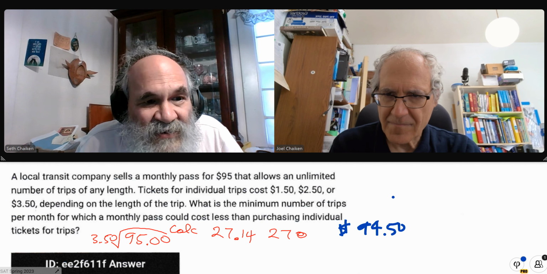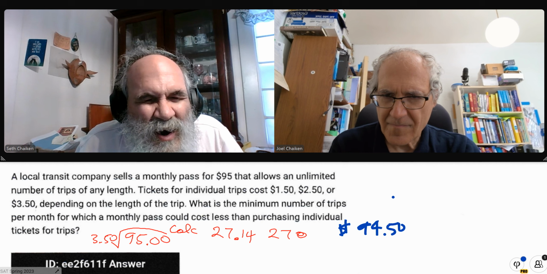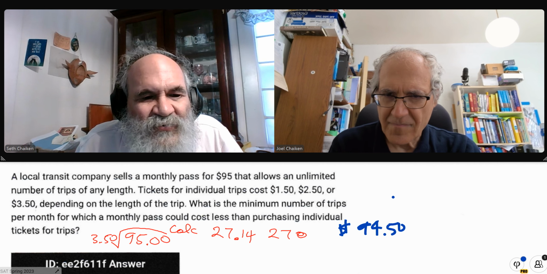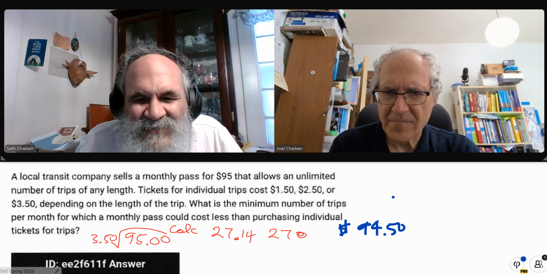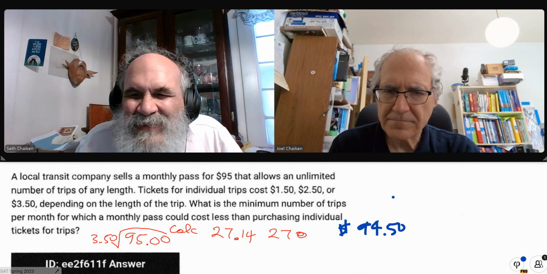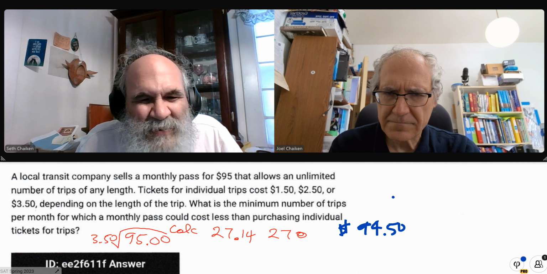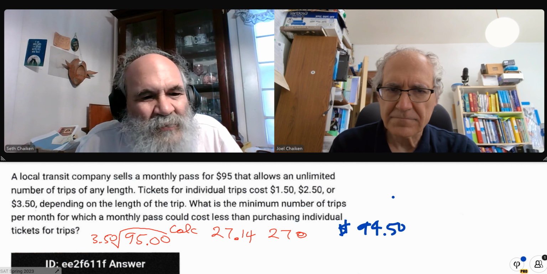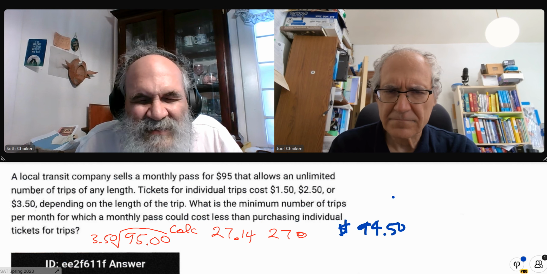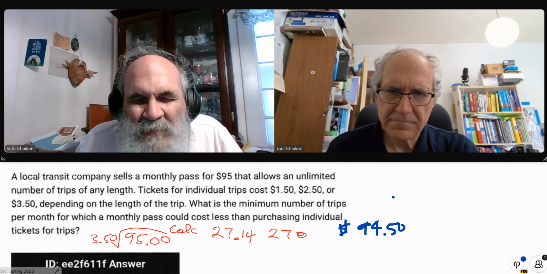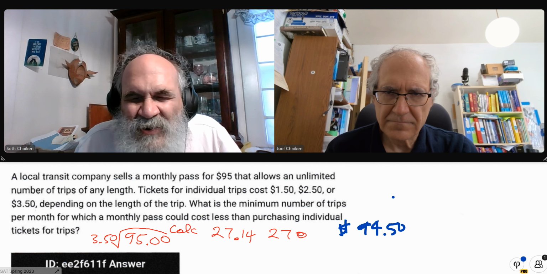But they ask, what's the minimum number of trips for which the pass costs less? So what you do is you add on one trip. It will be at least 50 cents, so if you add on one trip, no matter how expensive it is, the cost of those 28 trips would exceed $95.